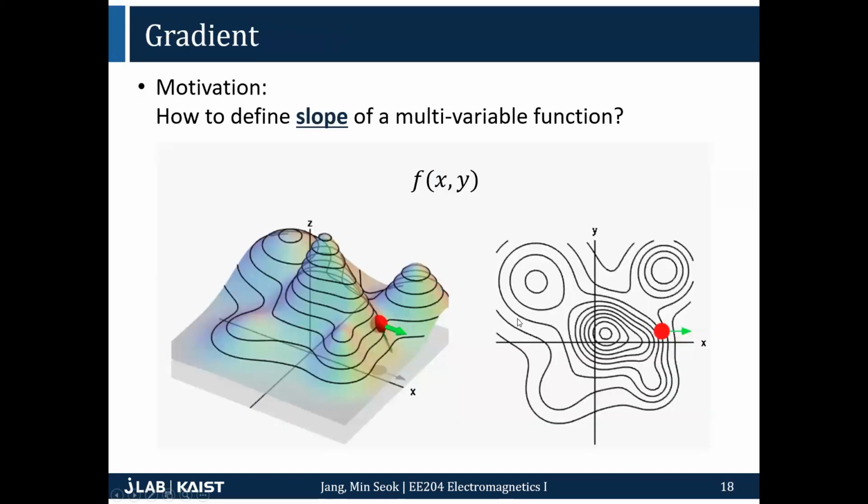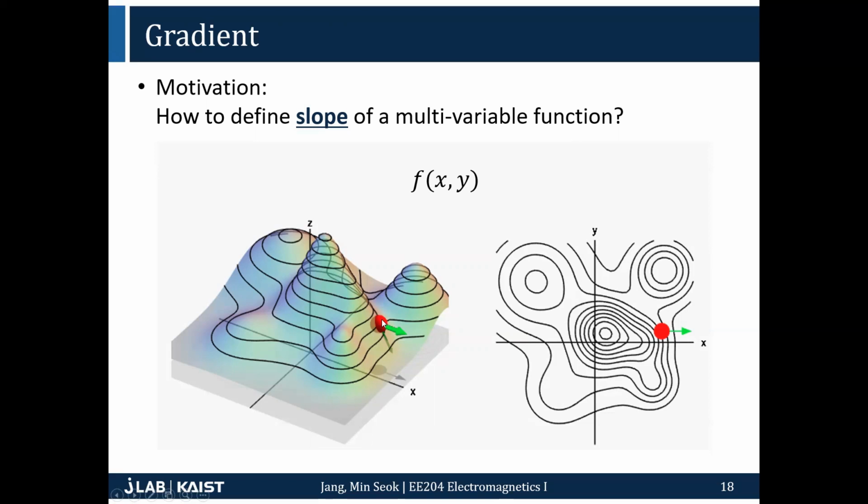Before then, let's go back to our slope problem. Let's assume that we have a multidimensional space, so the function f is defined on the xy coordinates, for instance. And if you draw f as a function of xy as a height, then you have this map, going up and down.